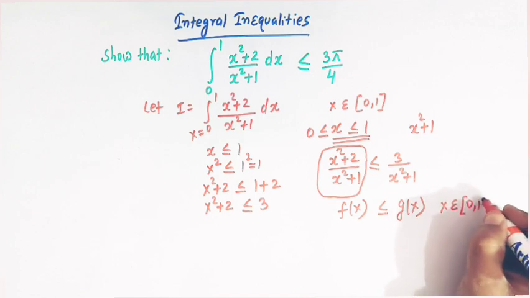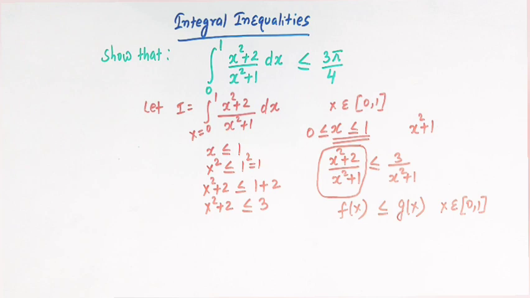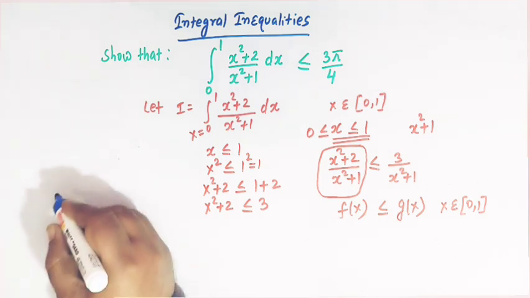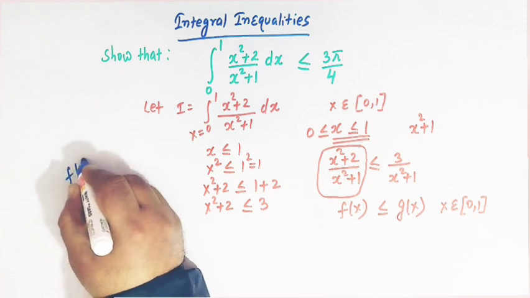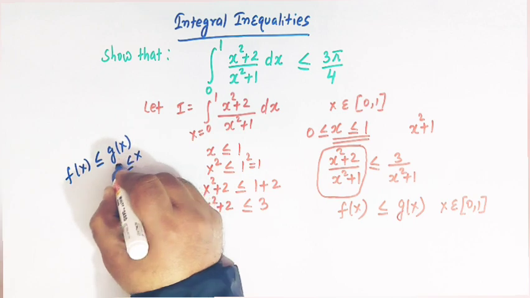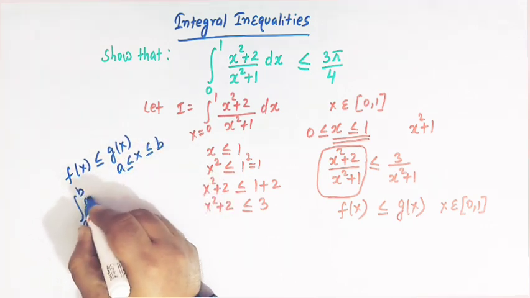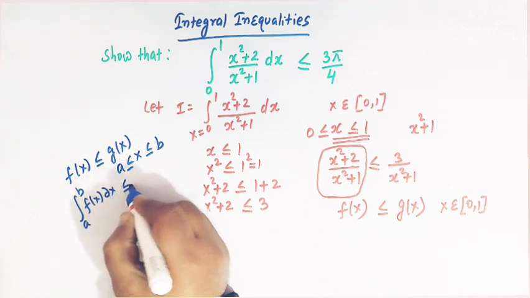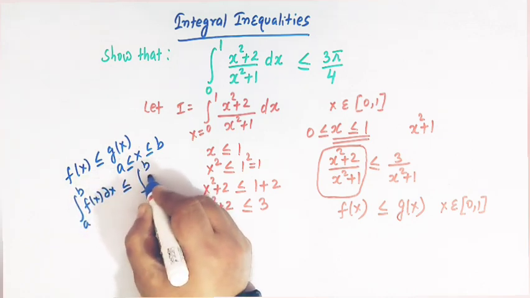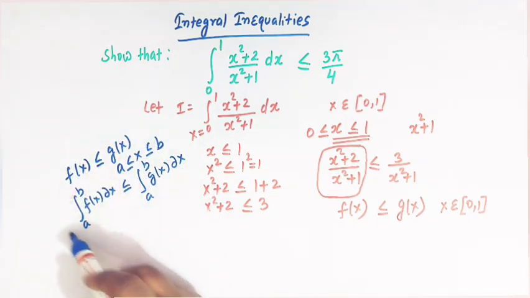Now from integral inequalities, we know an important result: if f of x is less than or equal to g of x in the interval a to b, then the integral from a to b of f of x dx is less than or equal to the integral from a to b of g of x dx. We have already discussed this property in our earlier videos.